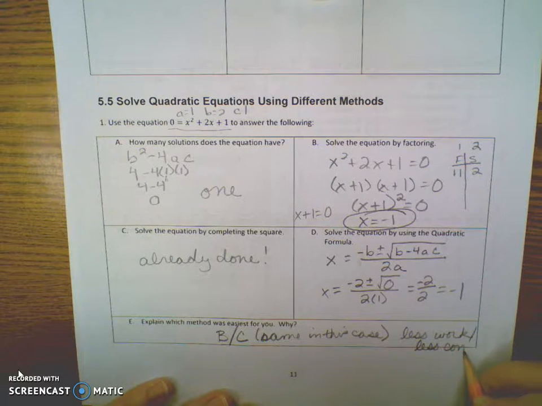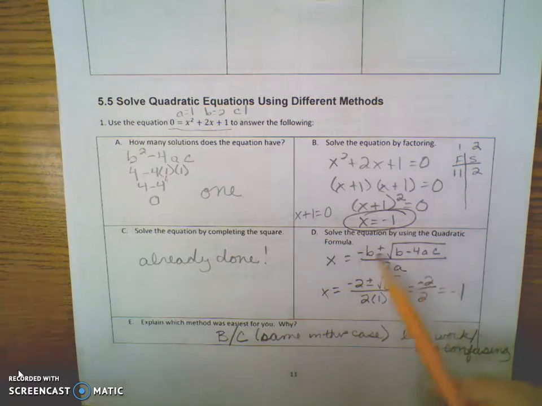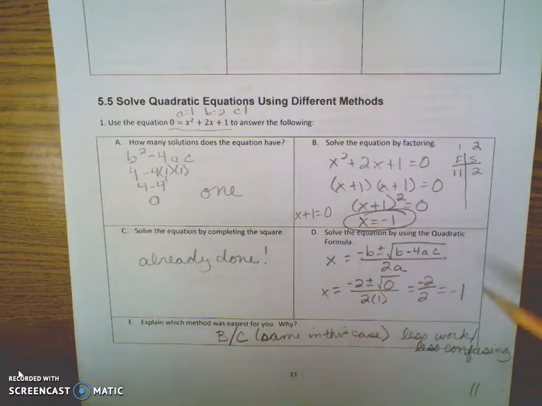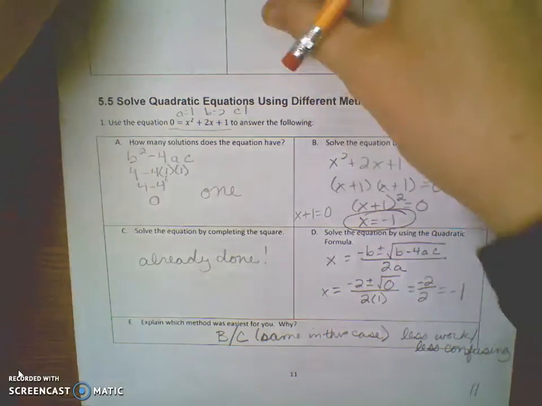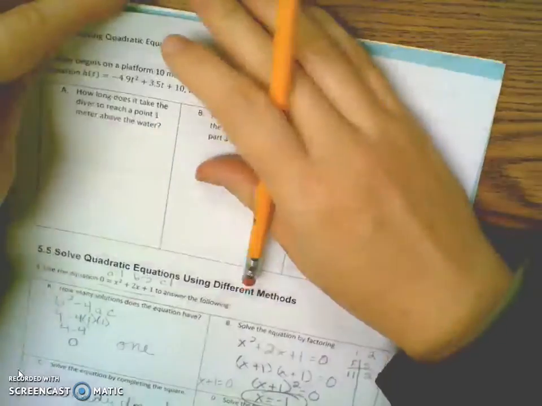The quadratic formula is not bad to do, but it's not my favorite because it's got a lot of icky calculations in it, whereas if I can factor it fairly easily, then that's the solution that I usually go for.